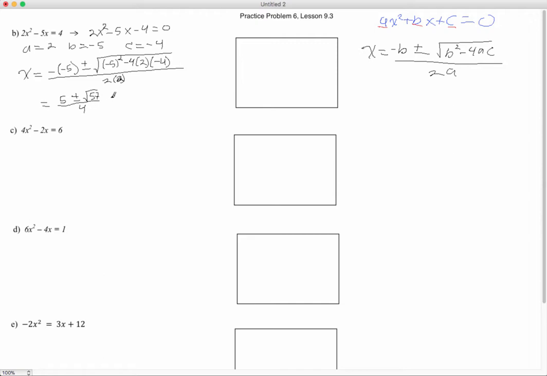Which means if we go for the two solutions here, x1, the positive one, is going to be equal to 5 plus the square root of 57 over 4, and x2, which is the negative one here, the pessimistic one, is going to be 5 minus the square root of 57 all over 4. Okay, so let's go get these in the calculator and take a look at it real quick.